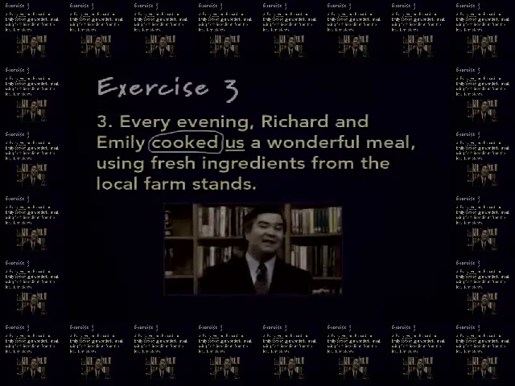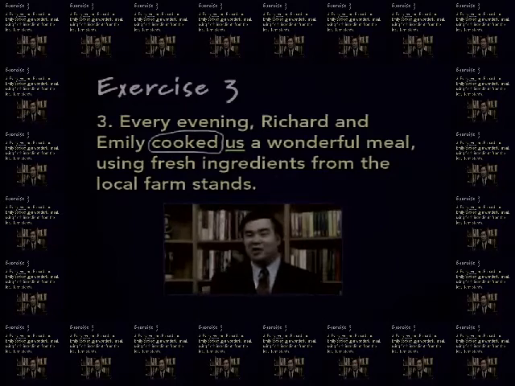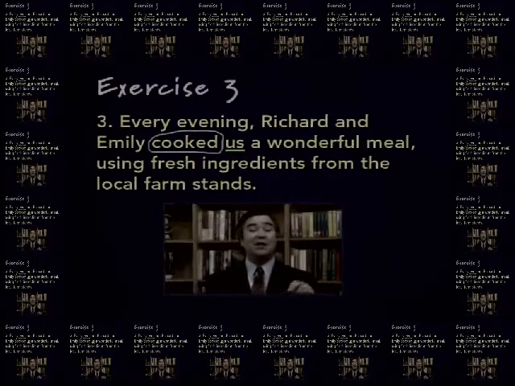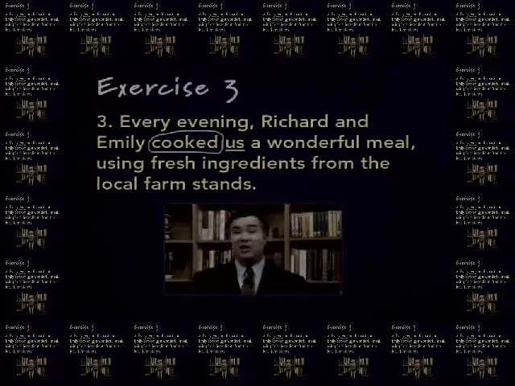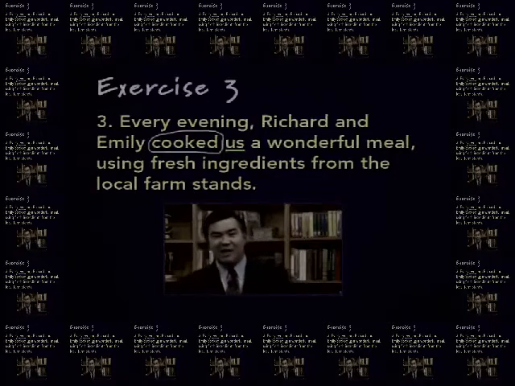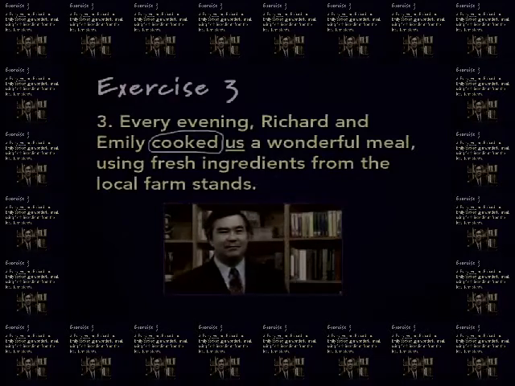The pronoun us answers the question for whom the wonderful meal was cooked. Lucky us. So us, that pronoun, is the indirect object. It answers the question for whom the meal was cooked, and it appears between the verb and the direct object. So us, that pronoun, is the indirect object in this sentence.